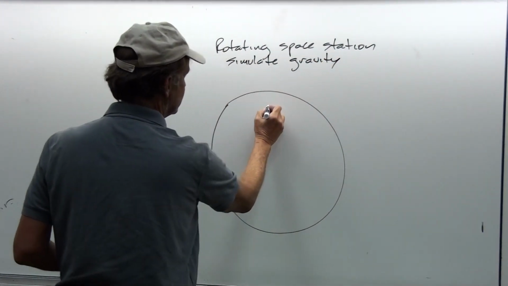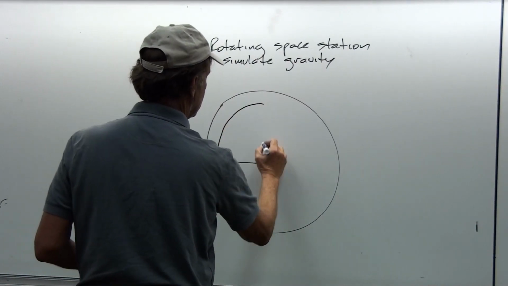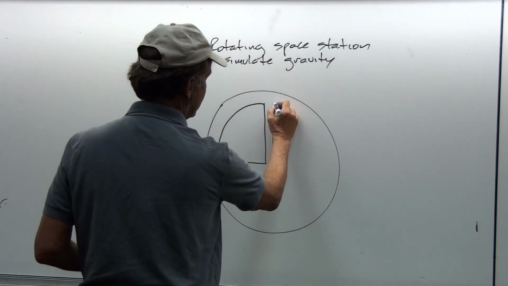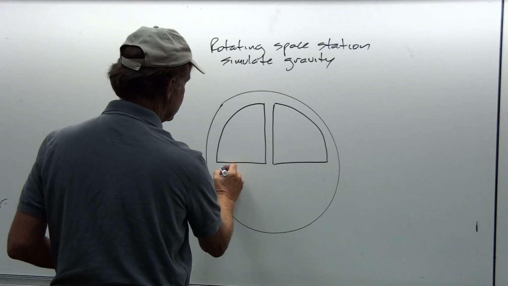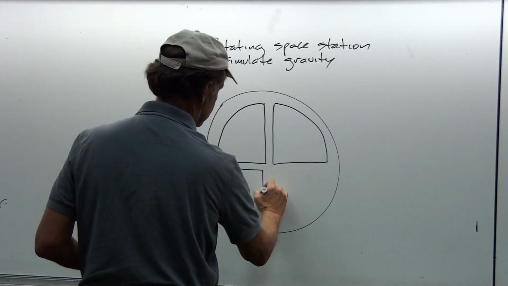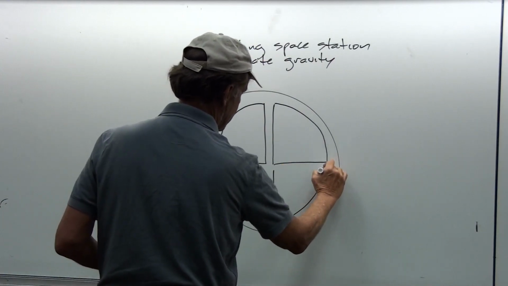And so this is really kind of good to do, if you can, because when astronauts go out into space, they're in a weightless environment. They've got many difficulties that they have to overcome in the zero-G environment.